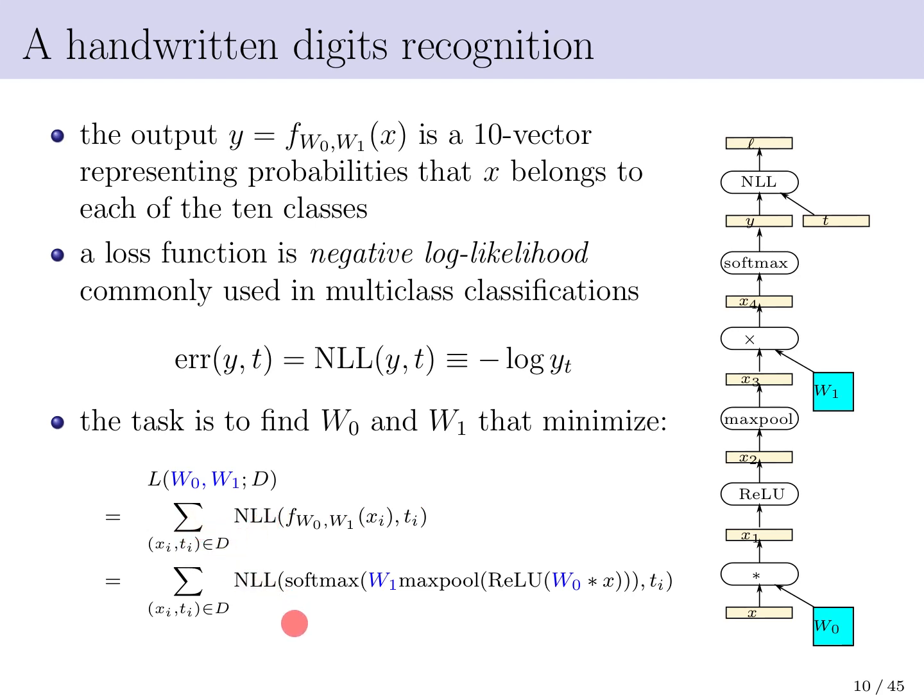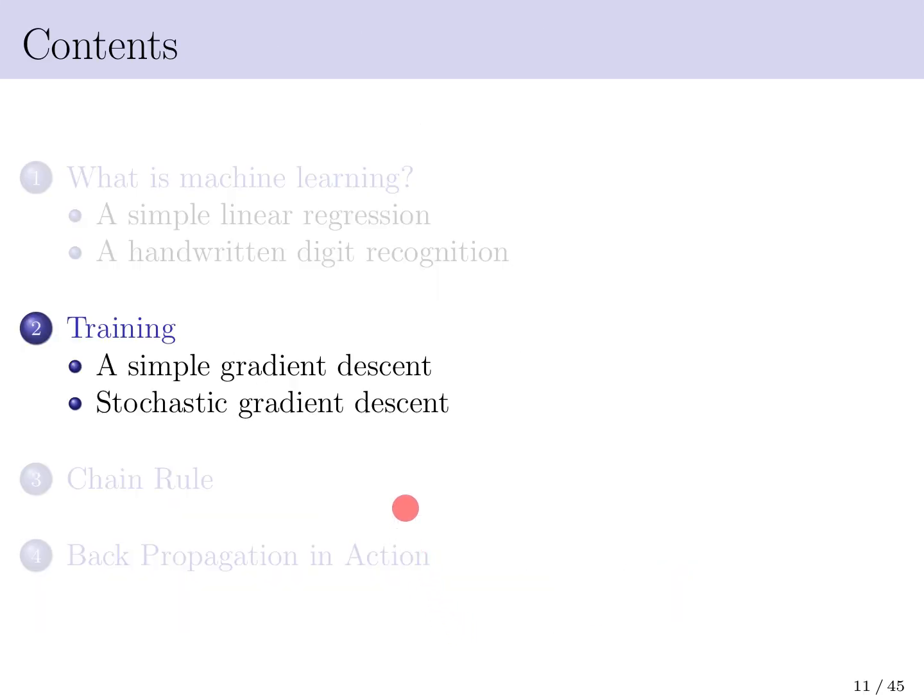So if you plug the definition of f into here, then the function you are trying to minimize is exactly this. So here's the framework and the specific goal of the training.